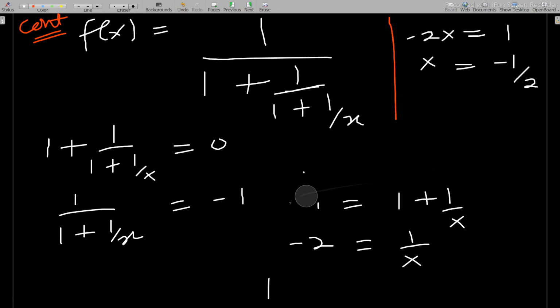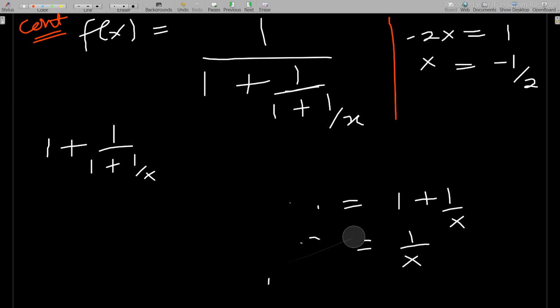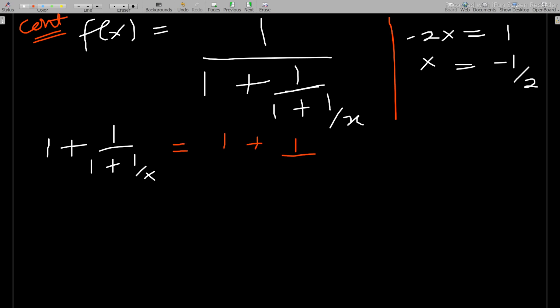So let's try and see. When x is equal to negative half, the denominator will be 1 plus 1 over 1 plus 1 over negative half. Since 1 over negative half gives negative 2, this is 1 minus 2, that is what this fraction will give us.